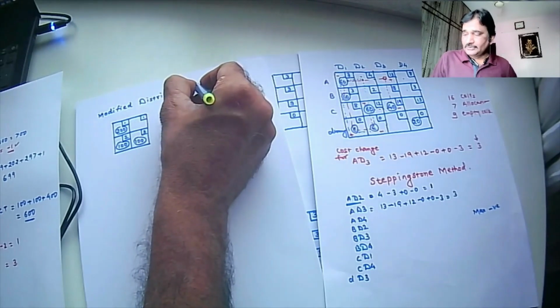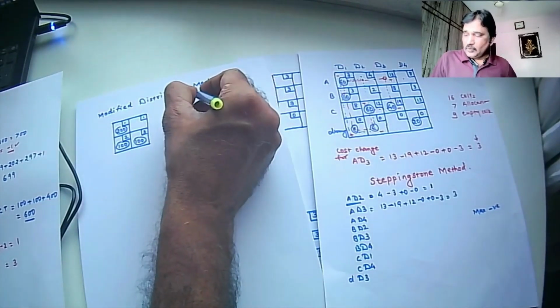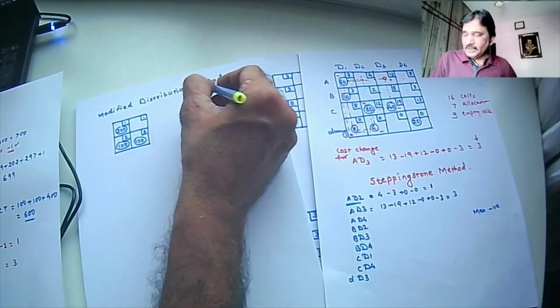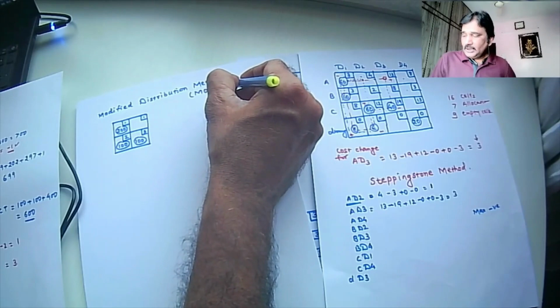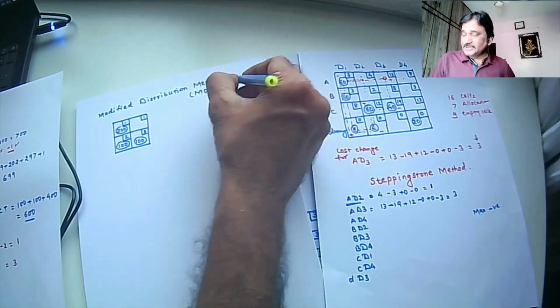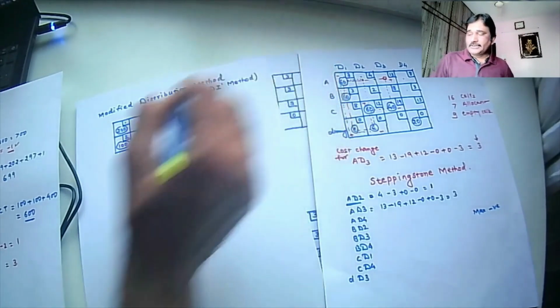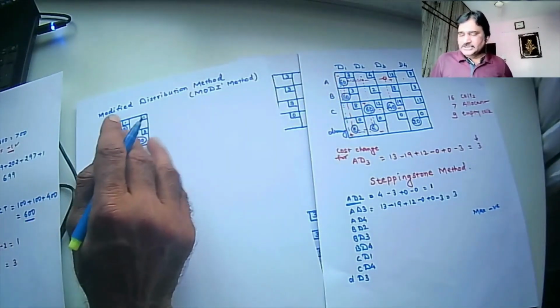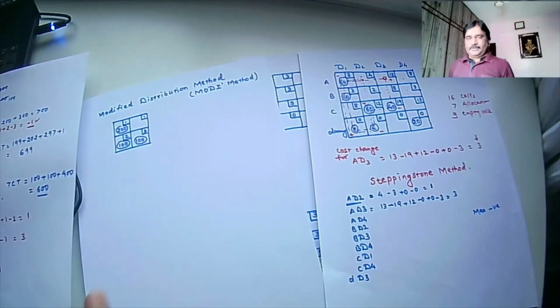MO stands for modified and DI stands for distribution. Just understand the process, which is very simple.